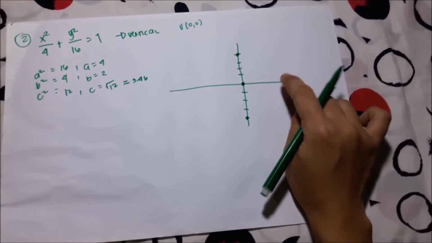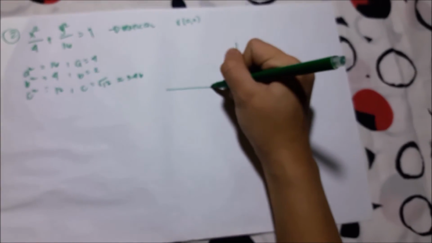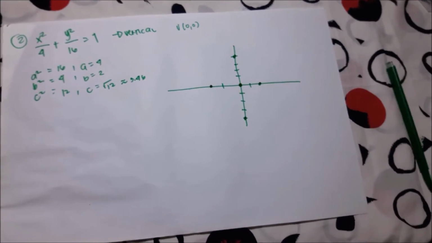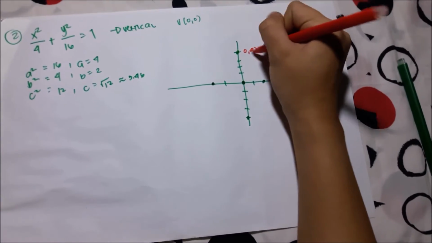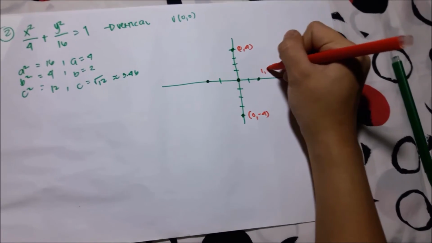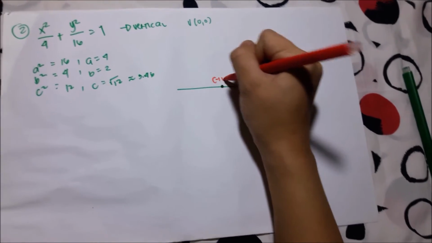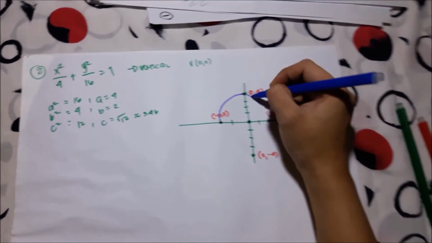So your B is on the x-axis. So it's 2. So the coordinates of this one are 0, 4 and 0, negative 4. And this one is 2, 0 and negative 2, 0. So let's draw the ellipse.